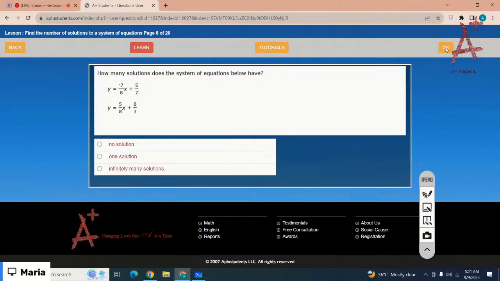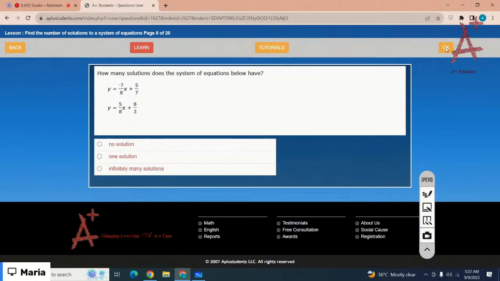How many solutions does the system of equations below have? So which is the correct option? y equals 7 over 8x plus 5 by 7 and y equals 5 by 8x plus 8 by 3. Which is the correct option? Both the equations have different slopes and different y-intercepts, right?